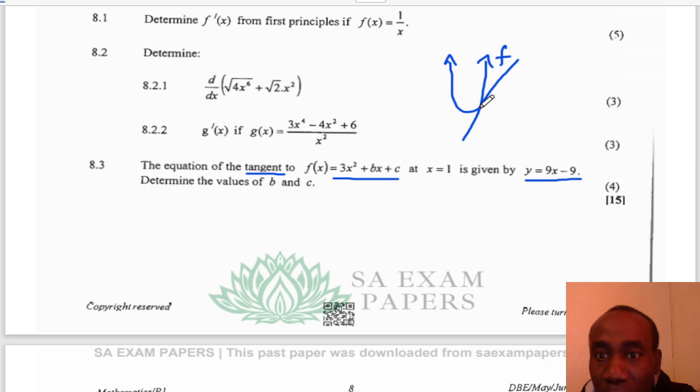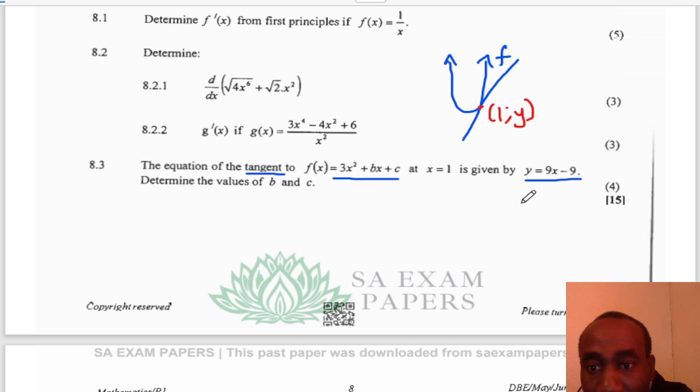At this point the coordinate of x is 1, but we don't know the coordinate of y, so let's just say y there. We can find the coordinate of y because this point where x is 1 is on this tangent, on this straight line. Then we can substitute it here and find the corresponding value of y.